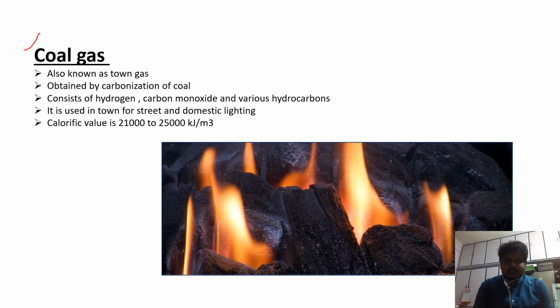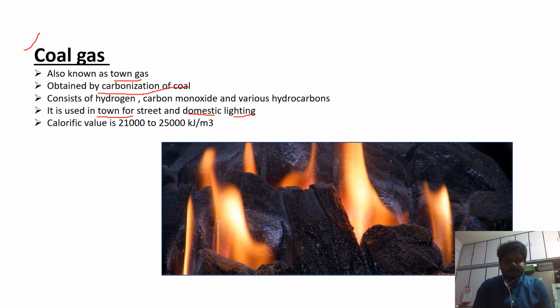The first type of gaseous fuel is coal gas. It is also known as town gas because generally it is used for town lighting or domestic lighting. That's why it is called town gas. It is obtained by carbonization of coal, which we already discussed.